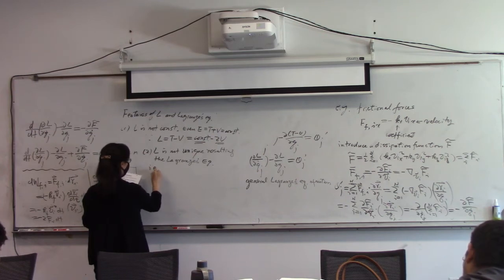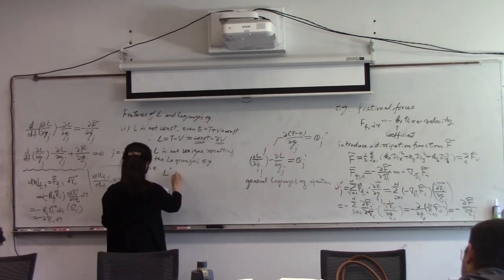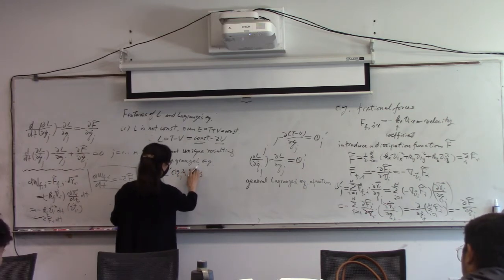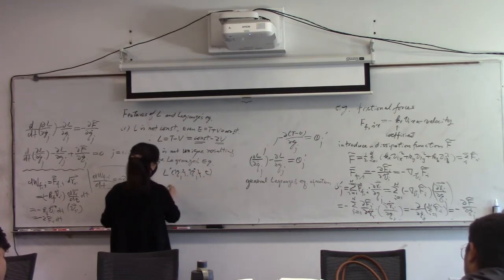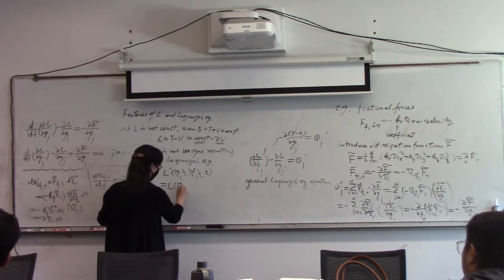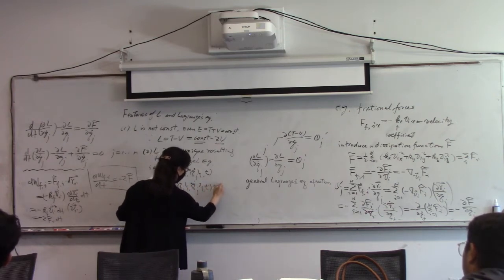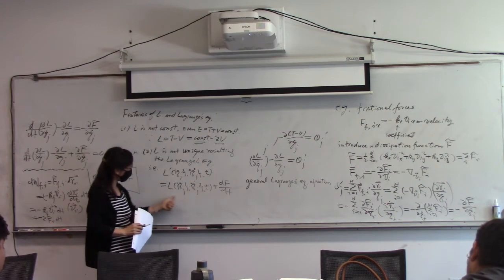So what that means, if we have L prime, let me see, right now in detail. So we know the function of generalized coordinates, generalized velocity, and t, that equals, if we know the Lagrangian, but we build up a new Lagrangian, which adds a function of this. So here is the Lagrangian we construct.